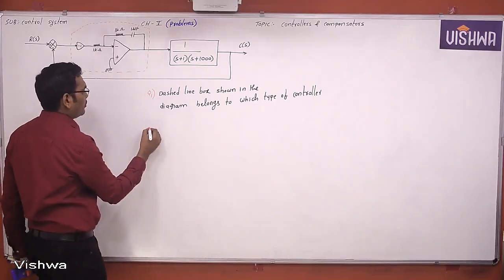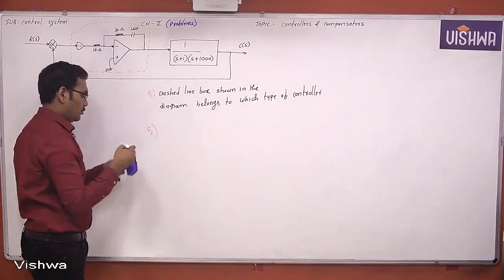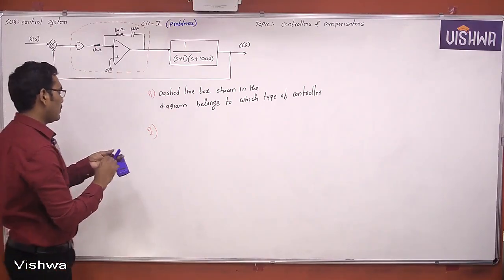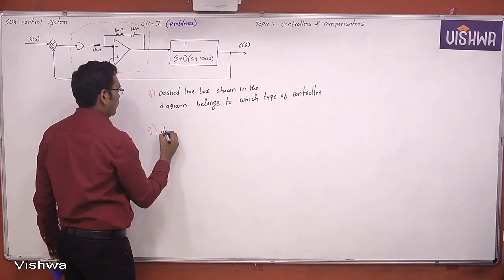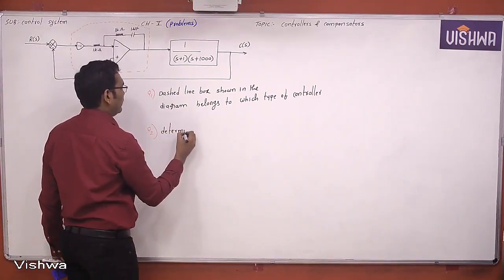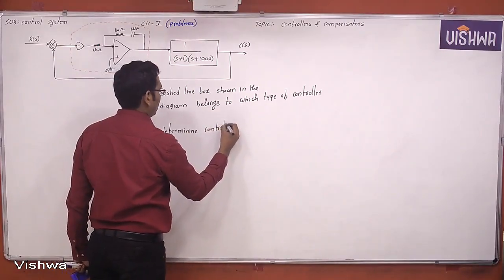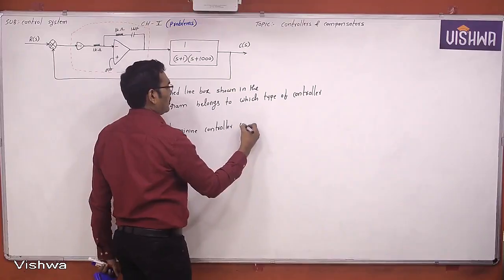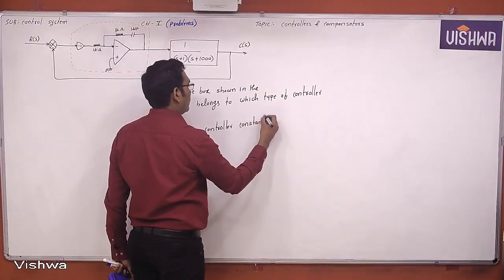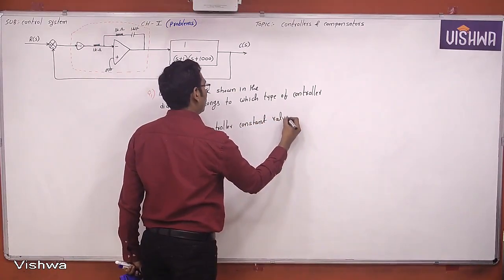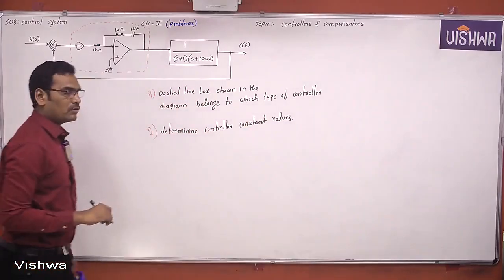Now what is question number 2 he is asking? Question number 2 is, determine the controller constants. Determine the controller constant values. This is the second question.